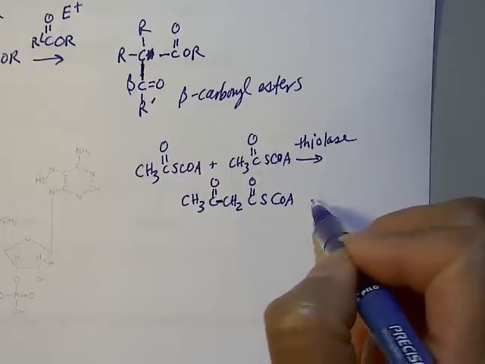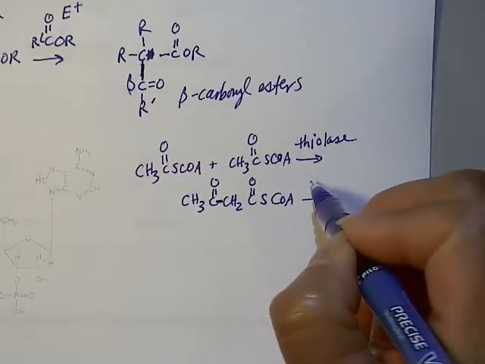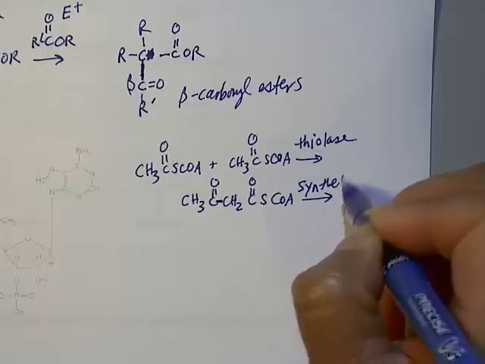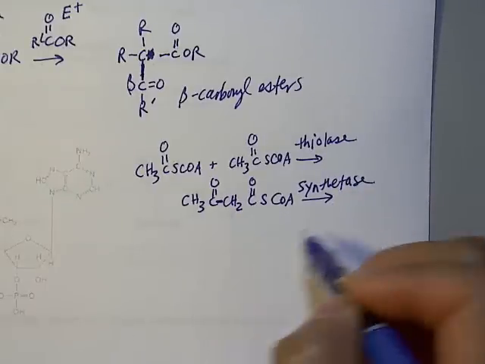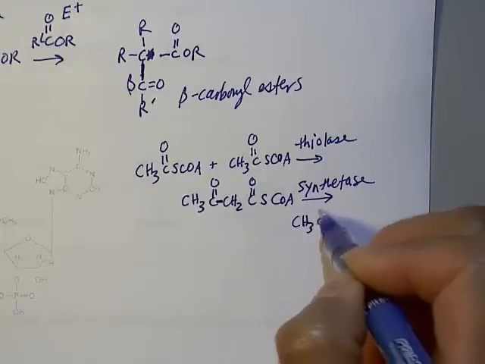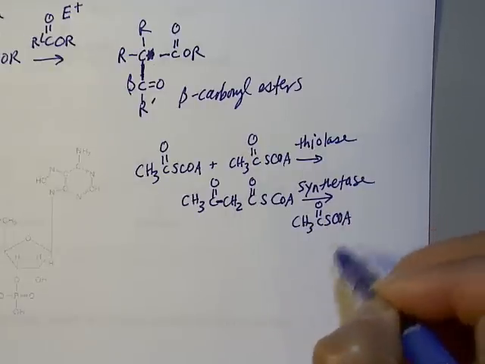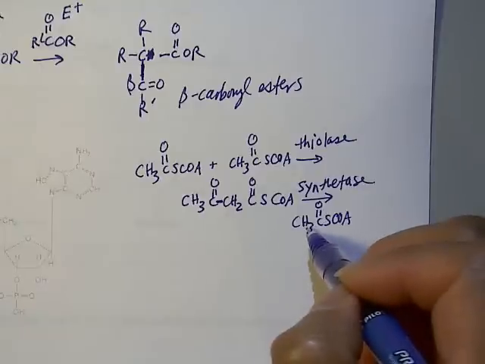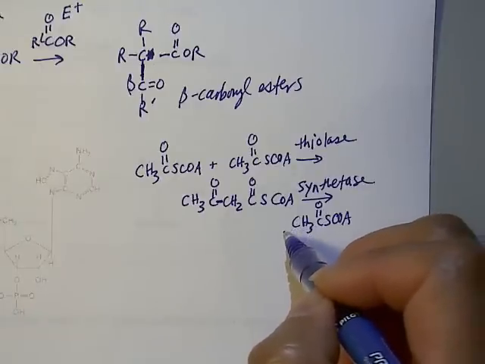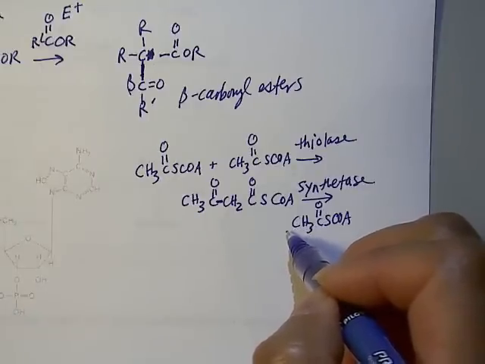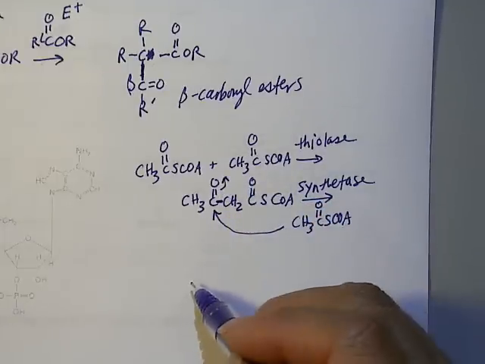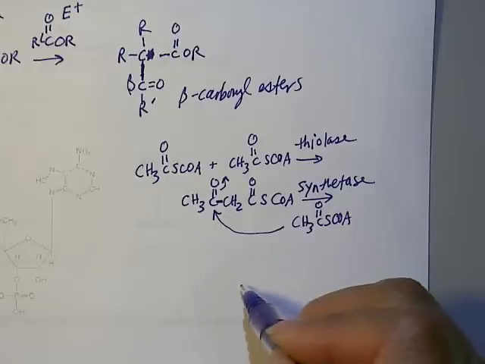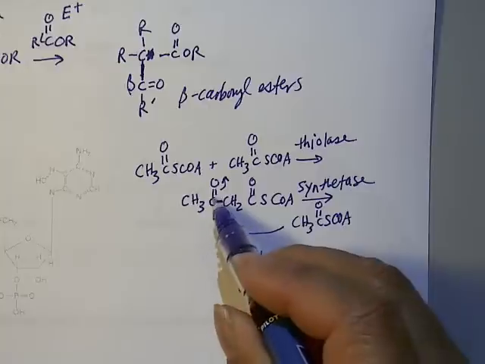And then another reaction happens in which an enzyme called synthetase now reacts with another molecule of acetyl-CoA, and that serves as the nucleophile, and then it does the aldol reaction, in which this enolate goes and attacks over here, so that what you get is an alcohol at this carbon.